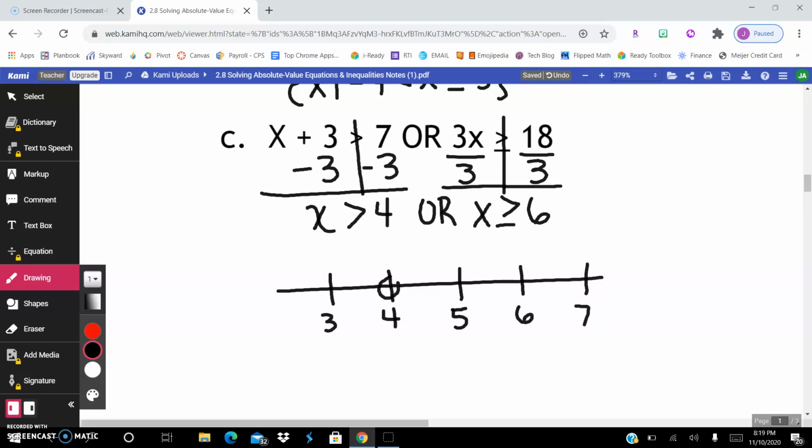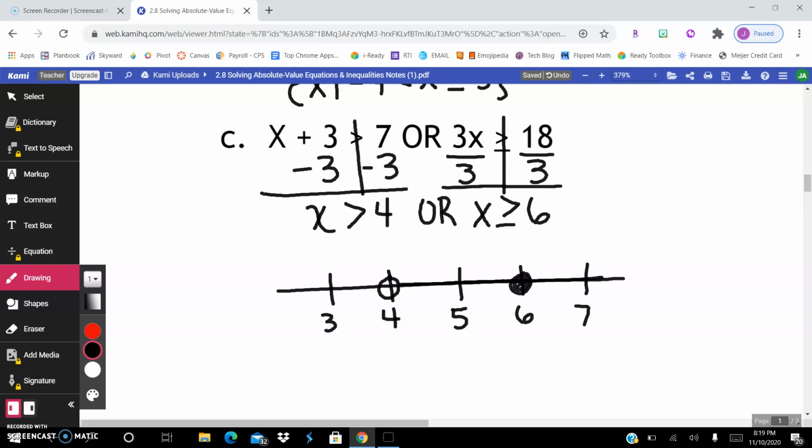So circle at 4. It's not underlined, so we're not including it. And x is greater than 4, so we're going to shade this direction. And then our other one, x is greater than or equal to 6, so circle at 6. And that one is underlined, so we're going to fill that one in.